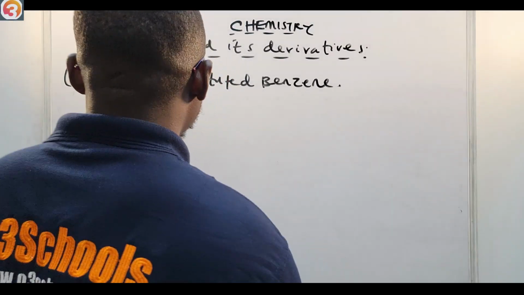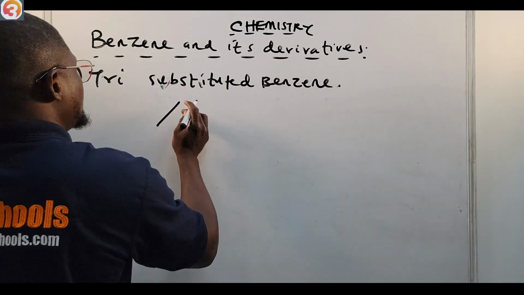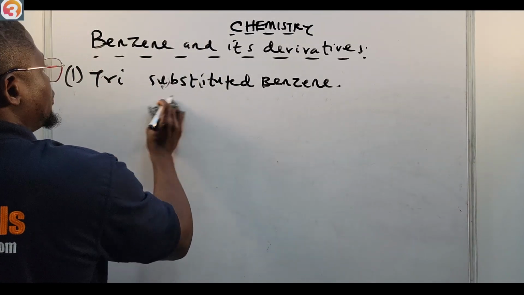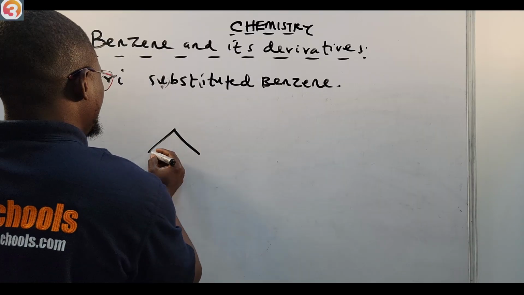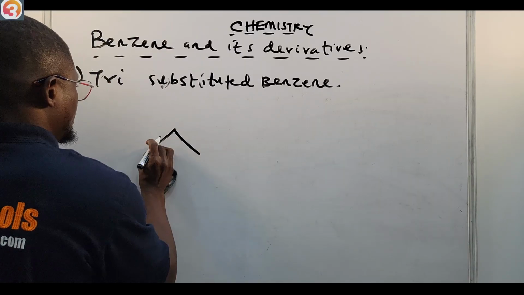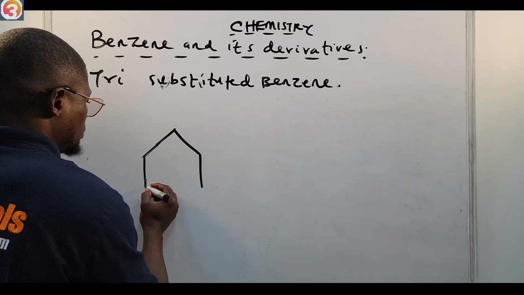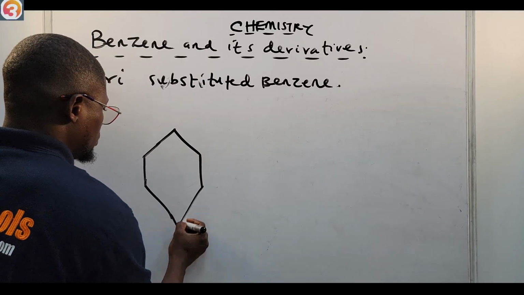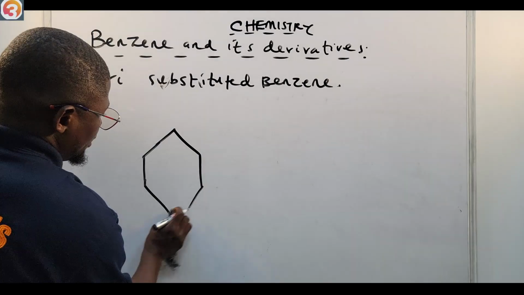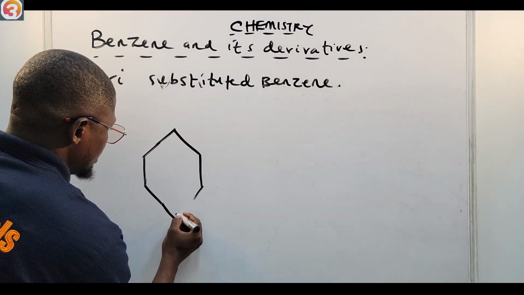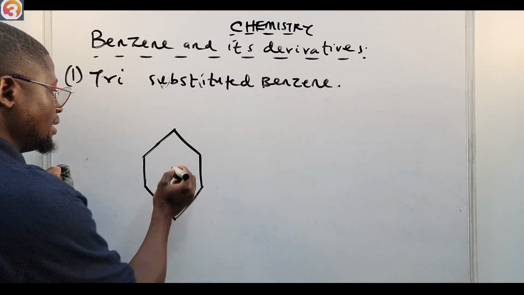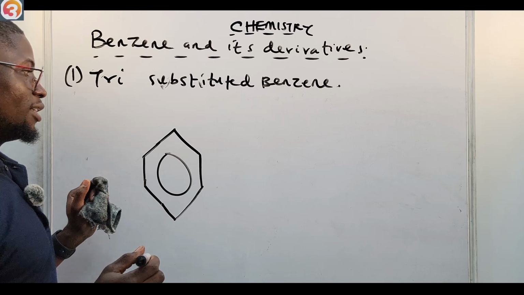Let's take some examples. Let's say we have something like this, a benzene ring. Let me draw it out for space. A benzene ring like this, with this to show the resonance hybrid.